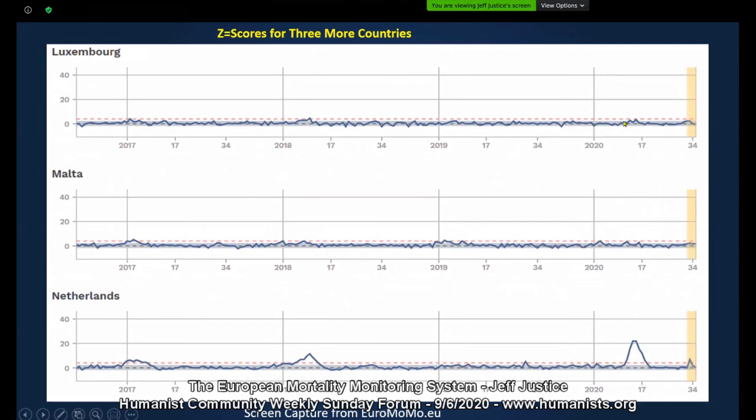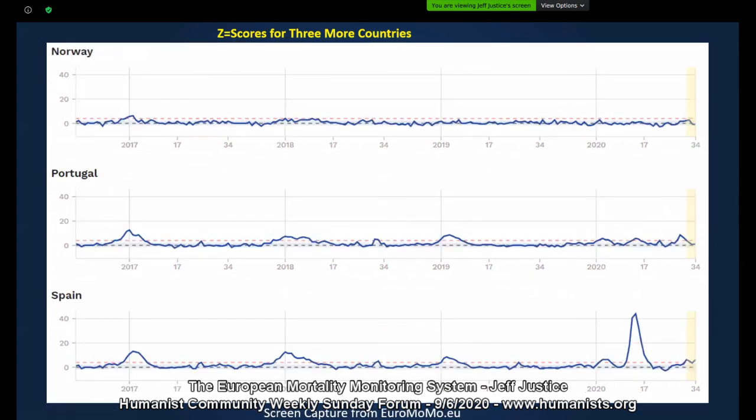Luxembourg is fairly small. You can hardly see anything happening there. Malta is small. The Netherlands, noted for being healthy people, but they had a significant COVID epidemic. Their deaths per week returned to average about 12 weeks ago. There's been a little blip lately, but right now they're back at average. Norway, pretty healthy country, almost no flu epidemics or COVID epidemics.